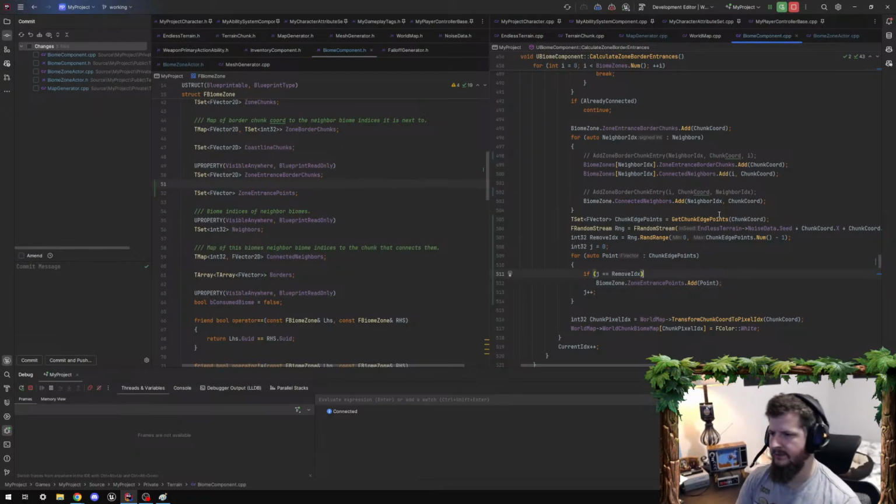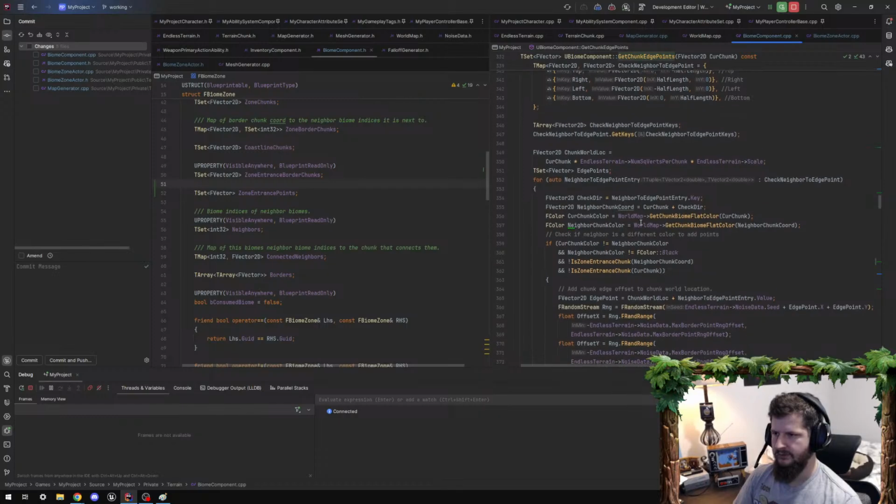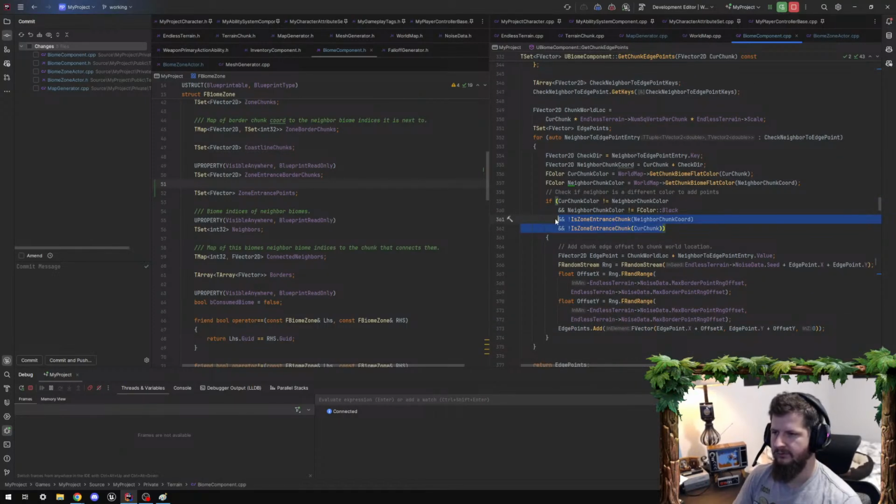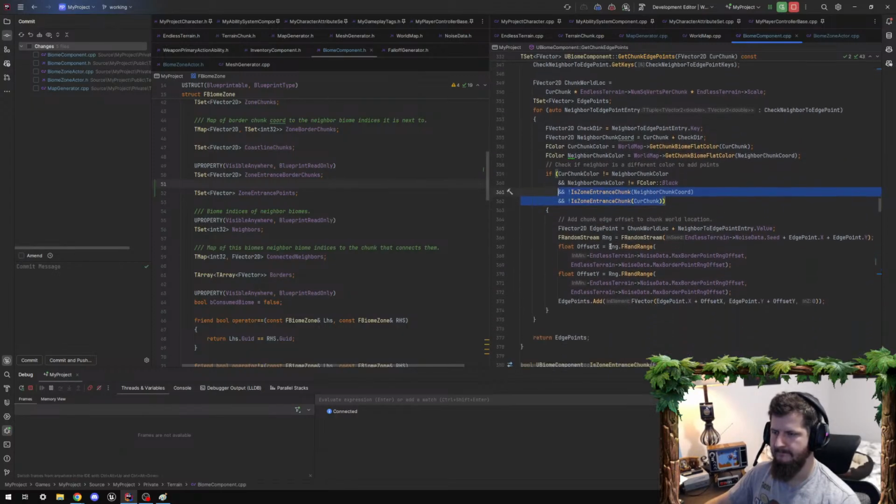These are the points that I want to ignore. And so later, when I'm doing get chunk edge points, rather than checking if it is a zone entrance chunk, I'll need to check if it is a zone entrance point.